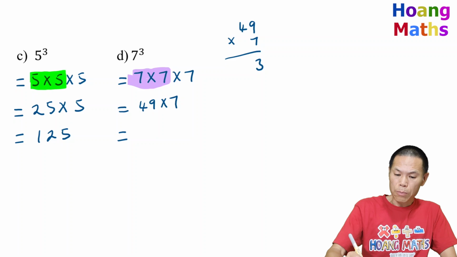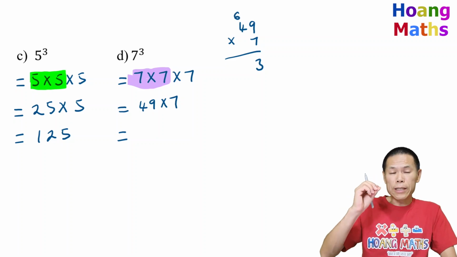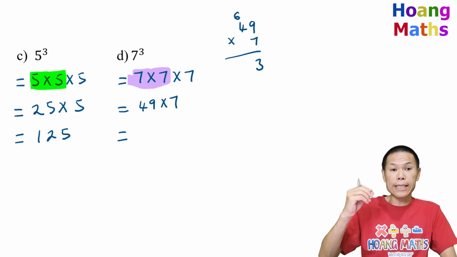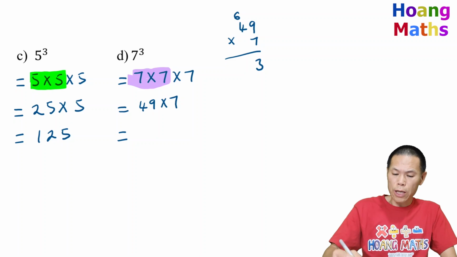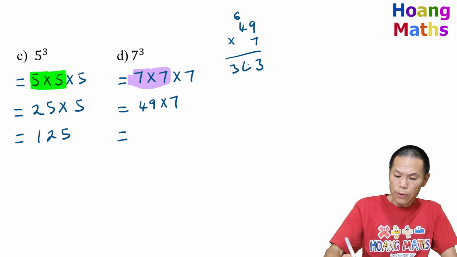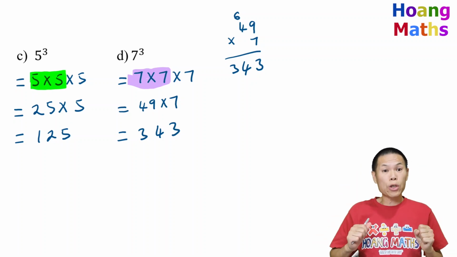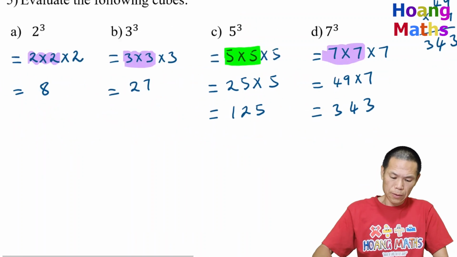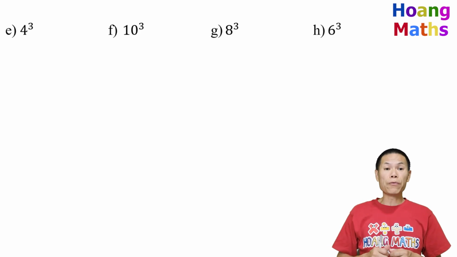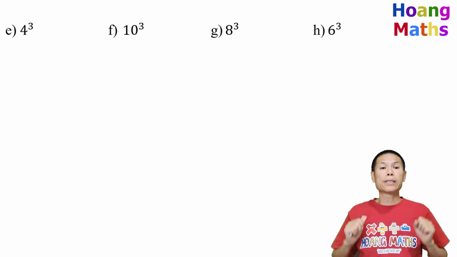So 3, put a 6 on top. 7 times 4 is 28. And we add 6, so 34. So 343. So there you go. I hope you got it correct. Please stop the video and try this one yourself.